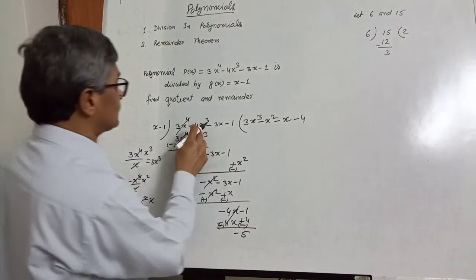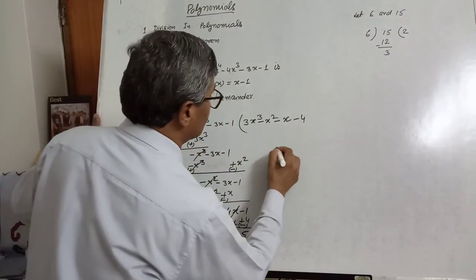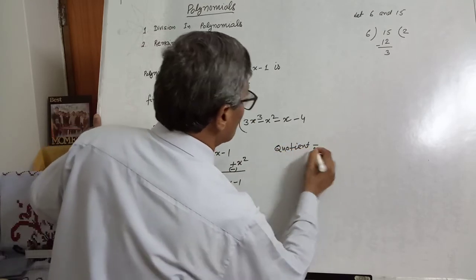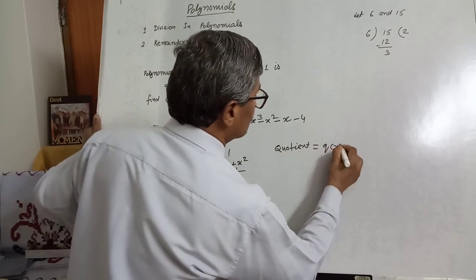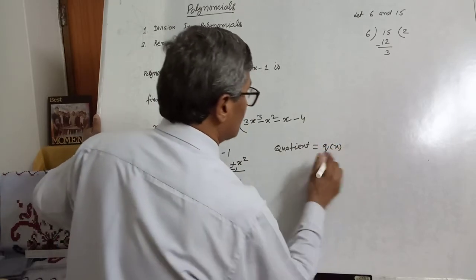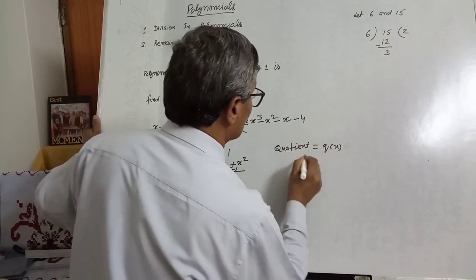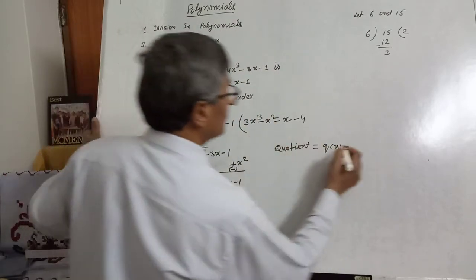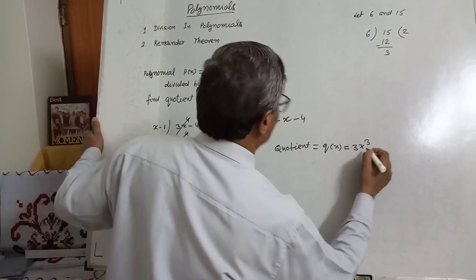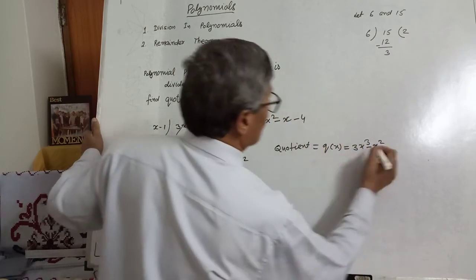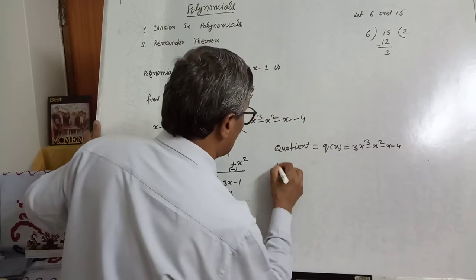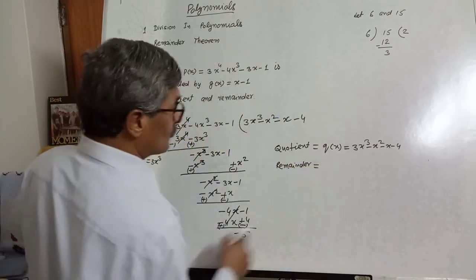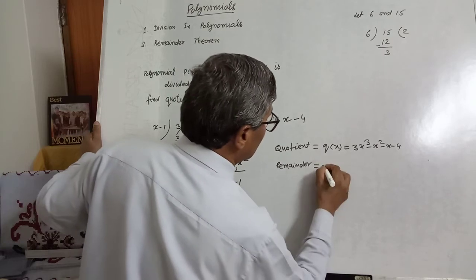Here is the quotient, this is the dividend, this is the divisor. The quotient we can write as qx, and qx is 3x cube minus x square minus x minus 4, and the remainder is minus 5. This can be written as rx.